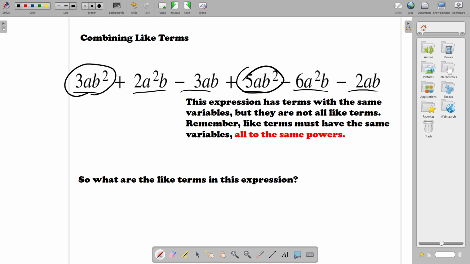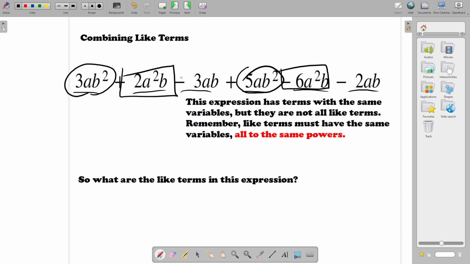Just because we have an a and a b in this term and an a and a b in that term, the powers of those variables don't match. You have to have the same variables to the same powers. So here we would have these two as like terms. Then we have an a squared b term and an a squared b term here. So this term and this term are the same, or like terms.